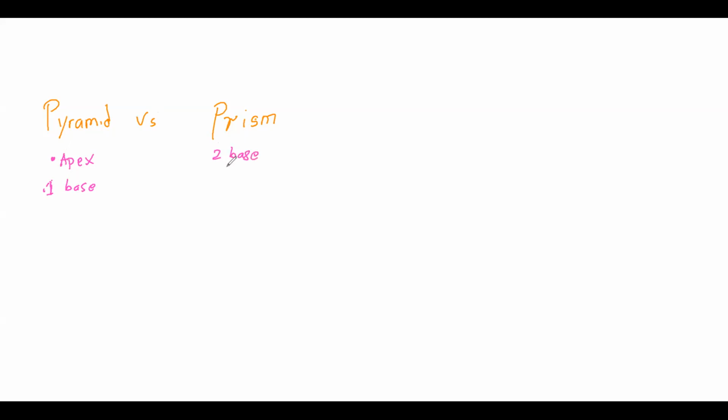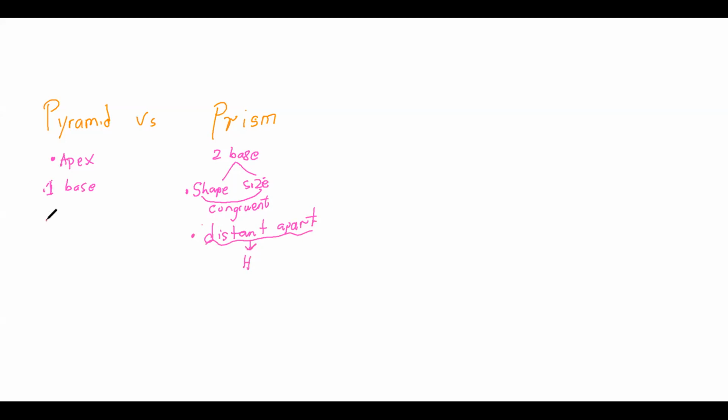These bases have the same shape and the same size. In math, this is called congruent, and these bases are a distance apart. The length of that distance is called the height.